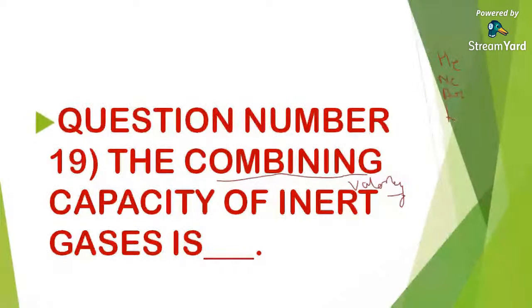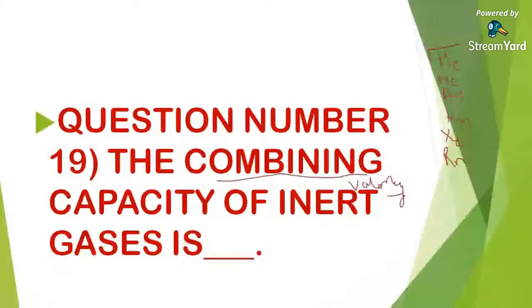But with one question, I'm giving you two questions, giving you the basic concept of that. What is this combining capacity? Combining capacity is valency. Clear? And what are inert gases here? Inert gases are the gases which are not reactive in nature. Means they don't react with any other element.